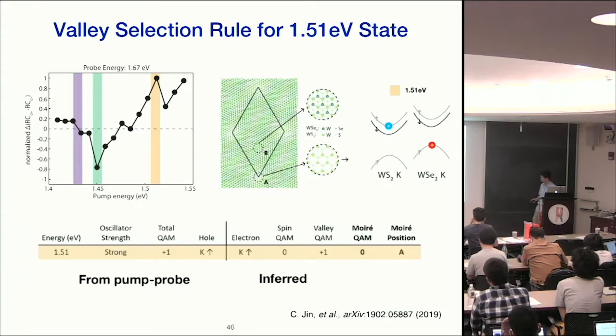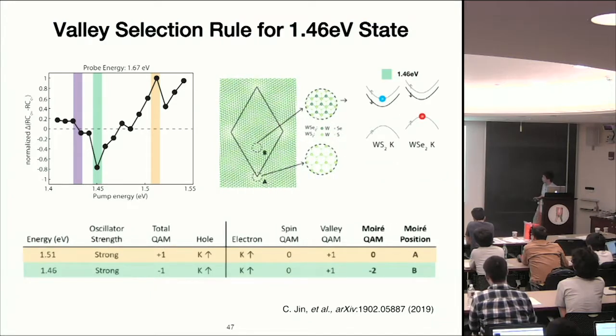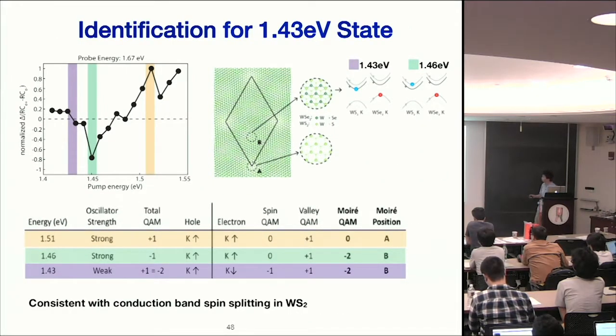And then from that, we can also infer that there is a zero Moiré quasi-angular momentum. That corresponds to an AA stacked configuration for this transition. Then we can do it for the three different transitions.